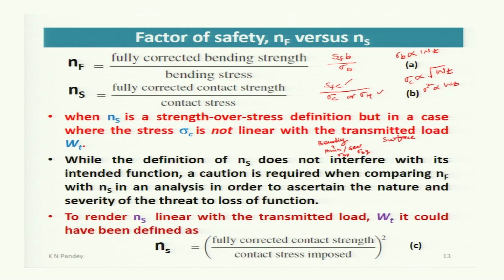So, if the material is different, then SFB will be for the pinion and SFB will be for the gear. And so, we will get a factor of safety NF for the pinion and a factor of safety NF for the gear.